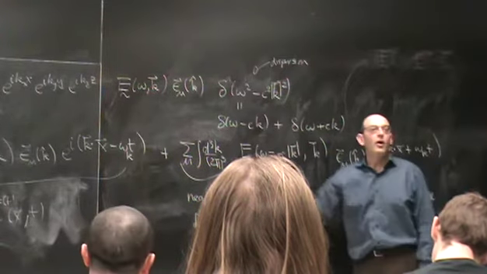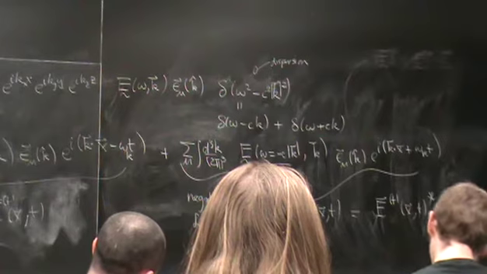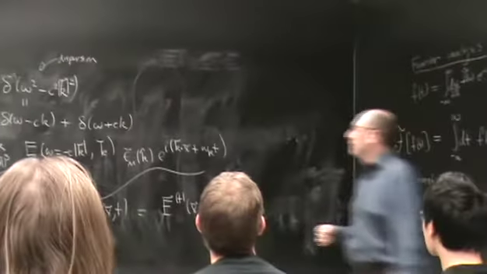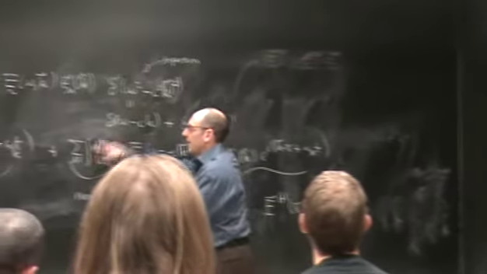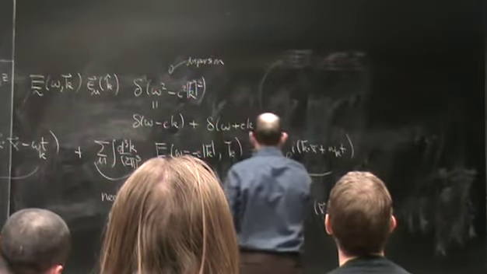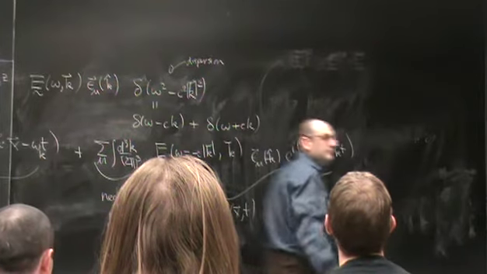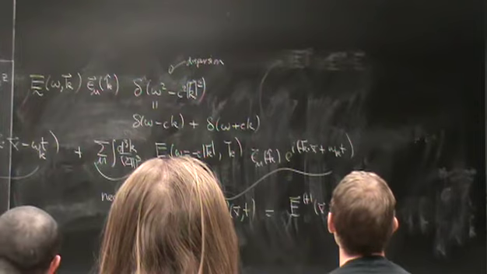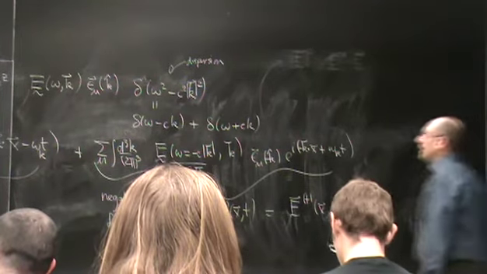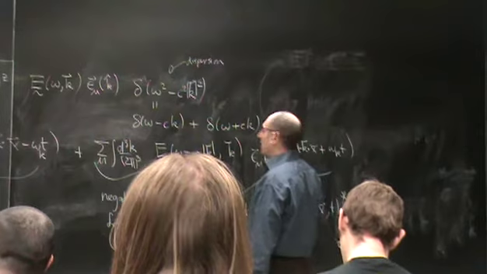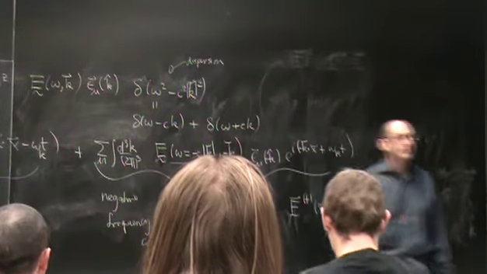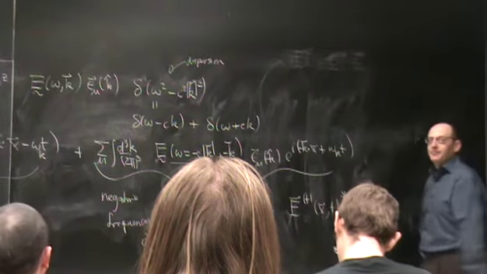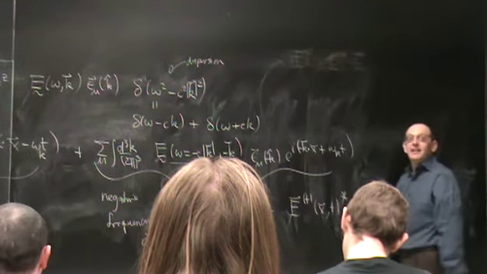Since we're integrating over all k's, I can set k to minus k and integrate over that as well, the same integral. So I'm going to set k to minus k, and then the integration is exactly the same. Okay. So now, I have to set k to minus k there as well. So, what is this? Well, now I can factor out a minus sign.